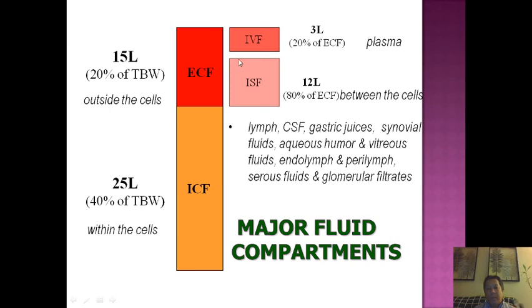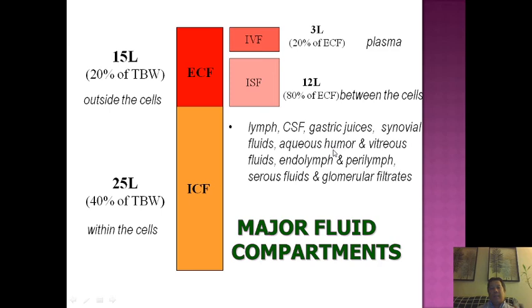So where can you find the intravascular fluid? All of it is in the plasma, about 3 to 5 liters of fluid mixed with the blood, and those fluids in between the cells, about 80% of the extracellular fluids, are interstitial fluid.